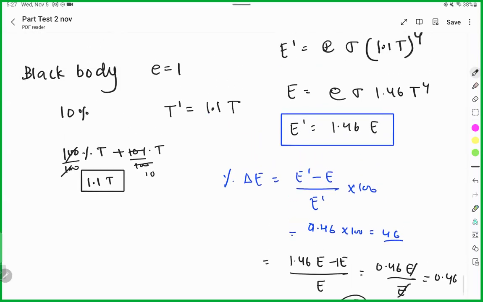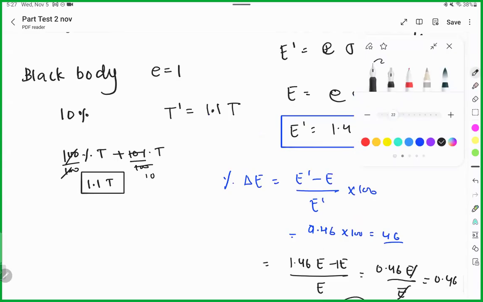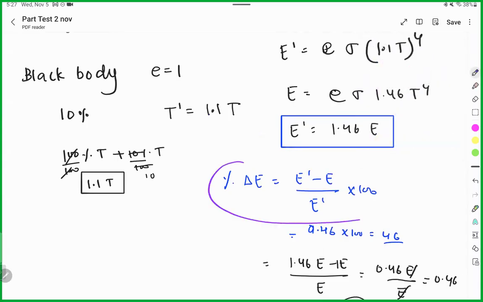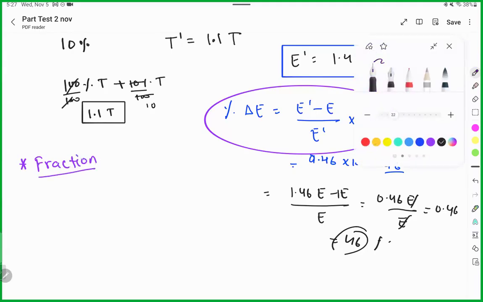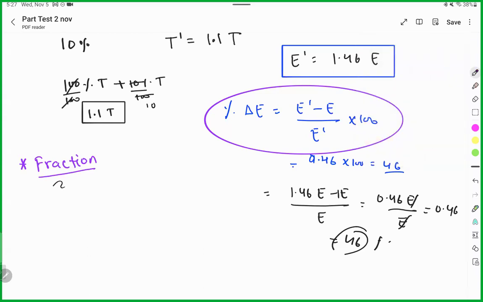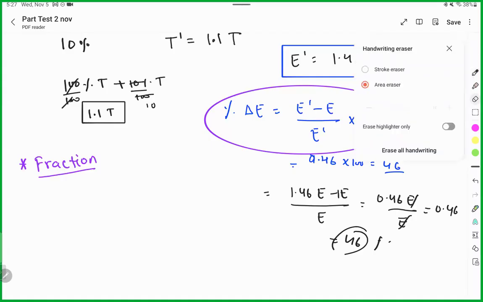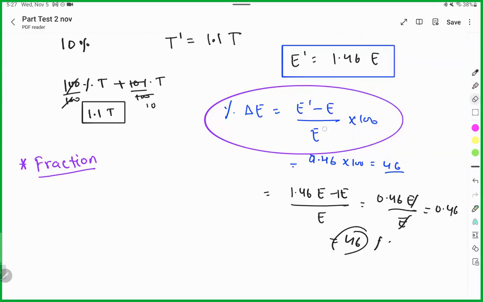So in this question, you have to take care of two things. One, when you calculate change in the emissivity, what should be the value? Acha, Chandana, if I'm calculating fraction, how do you calculate fraction? Sir, 1.46 minus 1 by 1.46 it should be, right? No. E dash value is 1.46 E. No, but here we have E value now.